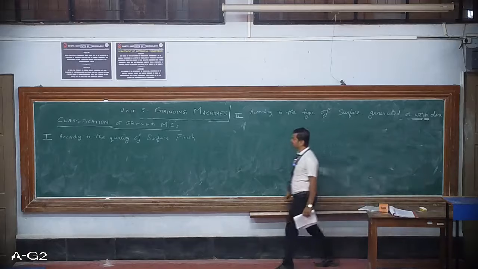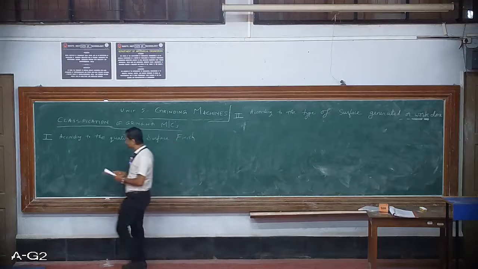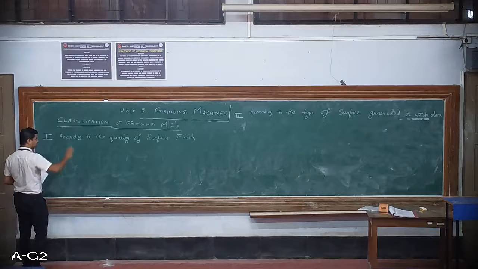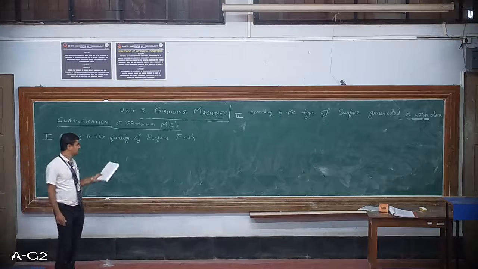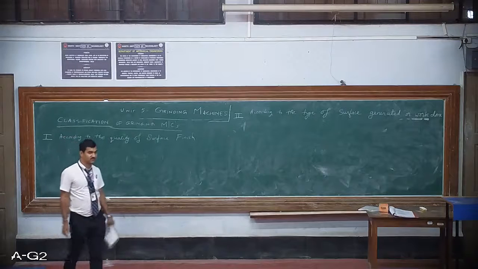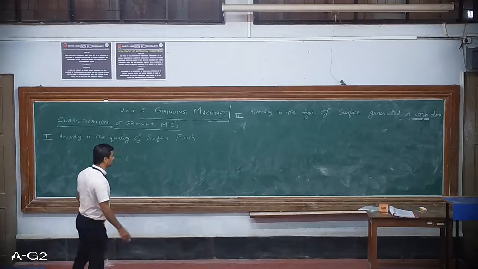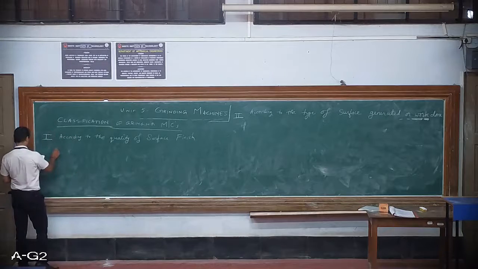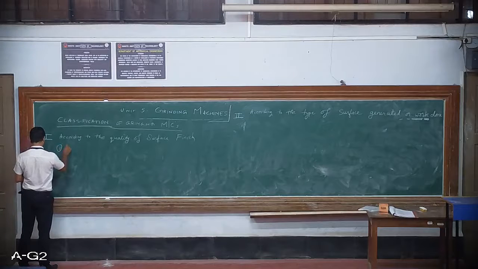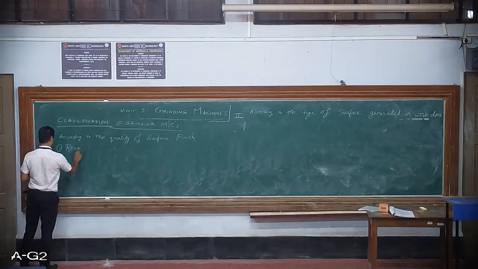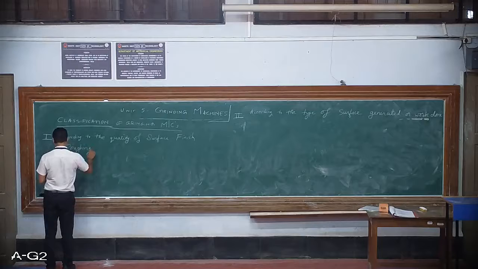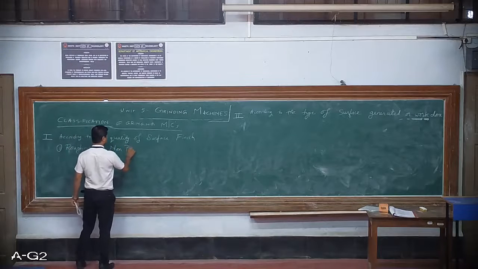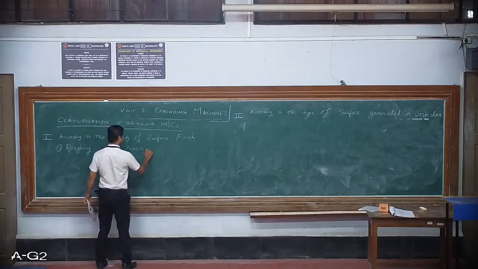Now, this is further classified. This is the main broad classification, that is according to the quality of the surface finish, and the second one according to the type of surface generated or work done. The further classification of this goes like this. One is roughing operation, or we call it non-precision grinders.